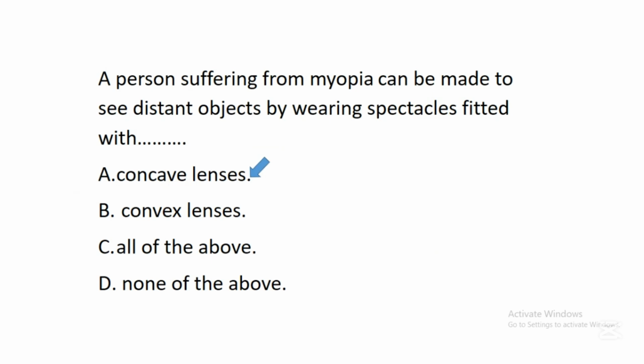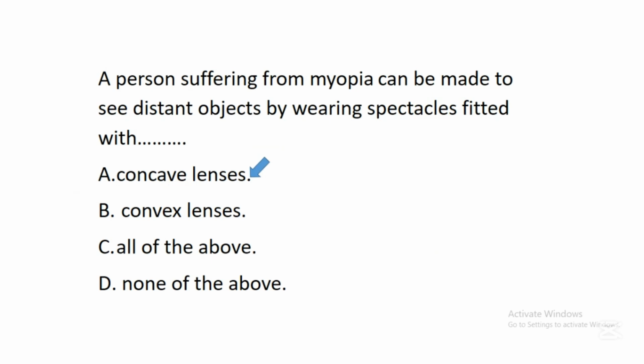Concave lenses. If someone is suffering from myopia, it means that the individual sees nearby objects, but finds it difficult to see distant objects.